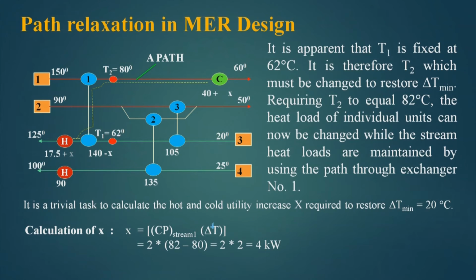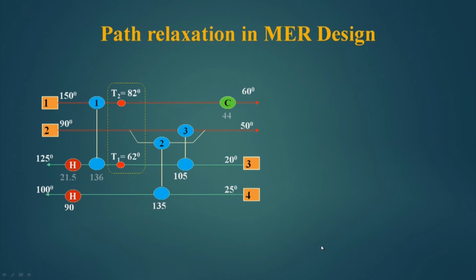So, let us see, this 4 goes there. Now the capacities of this heater, cooler and this heat exchanger have changed, and then this temperature becomes 82, and these are changed capacities.